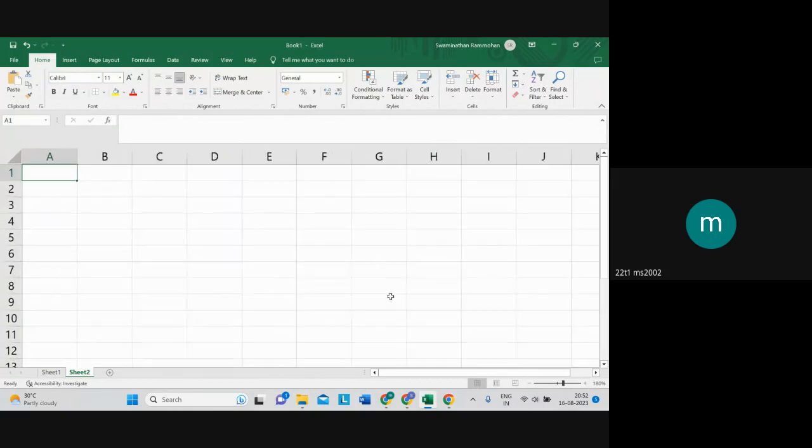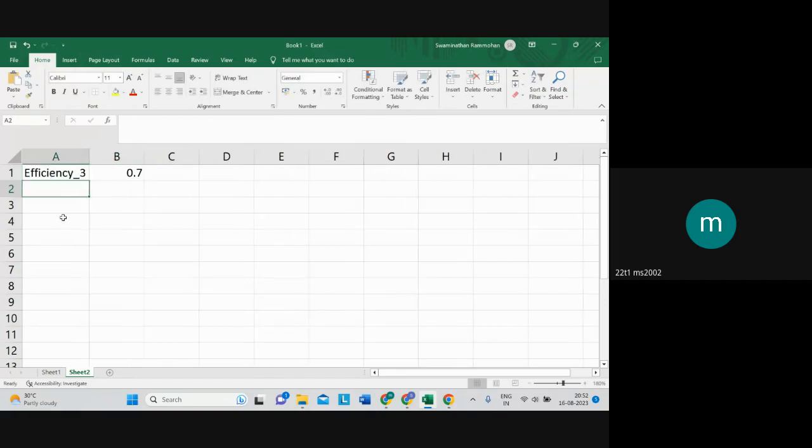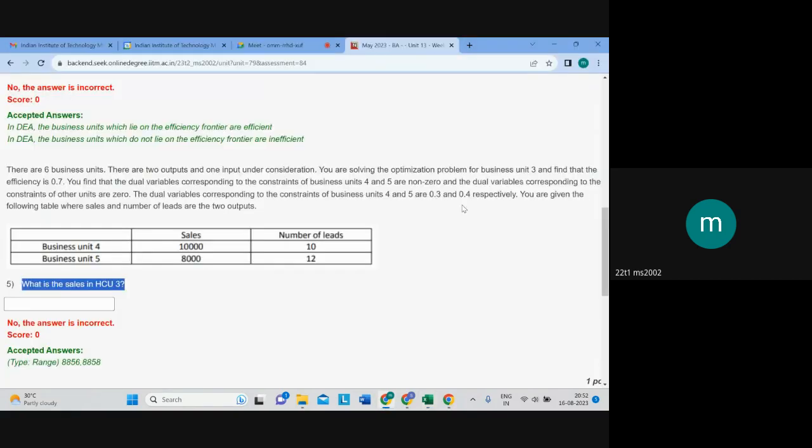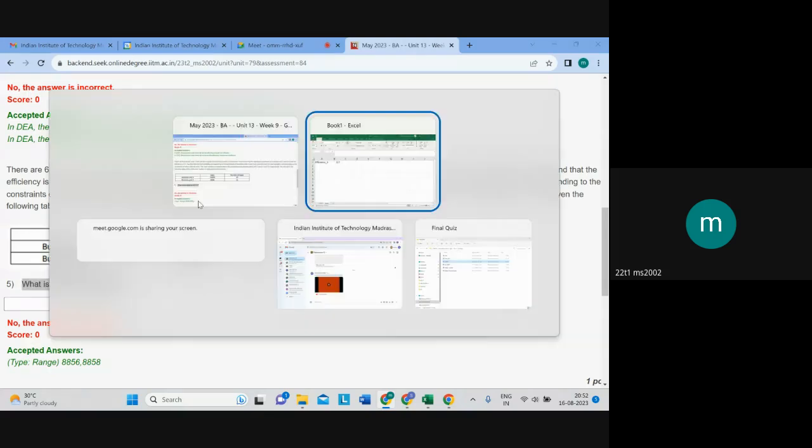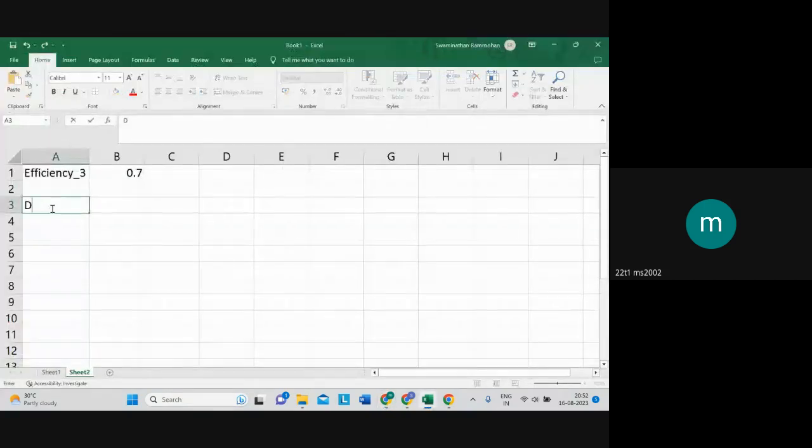down something here. So the efficiency of business unit P is 0.7. And the dual variables corresponding to business units 4 and 5 are 0.3 and 0.4.